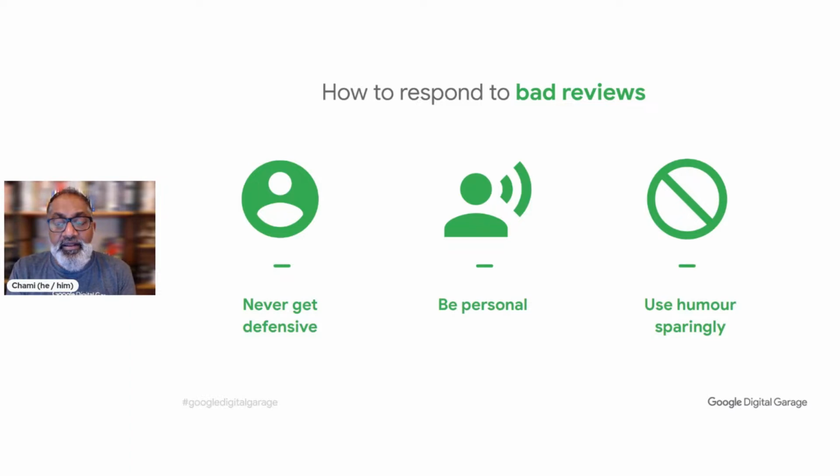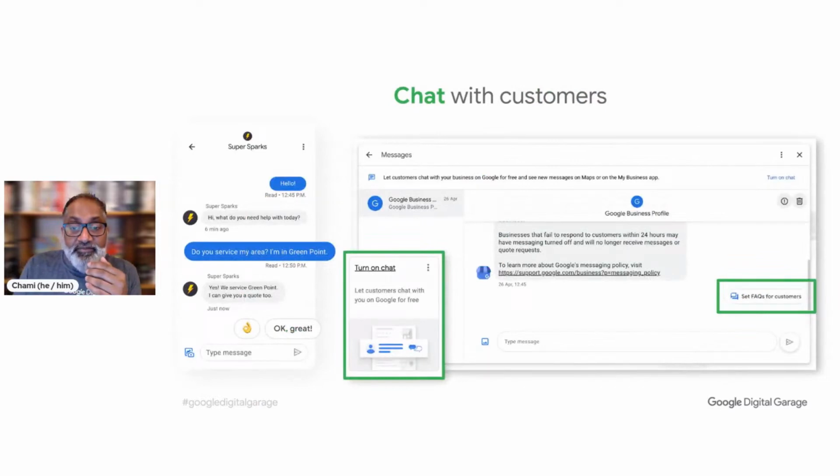So with that in mind, what you should be doing is taking the comment seriously and then dealing with it. There's also a chat facility there. With the chat facility, you could turn that on and you could have live chat with the people that are engaged with you on your Google Business Profile.